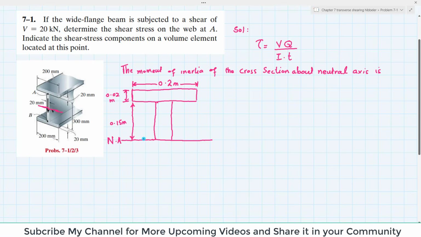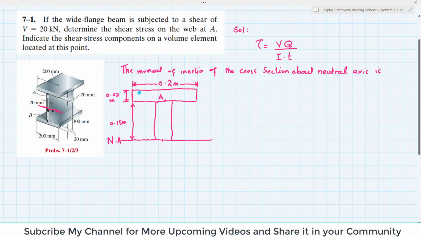The neutral axis passes through the centroid. That is why it is called the neutral axis or centroidal axis as well, clear. And this is the point A where you are interested to find out the shearing stress at the web.